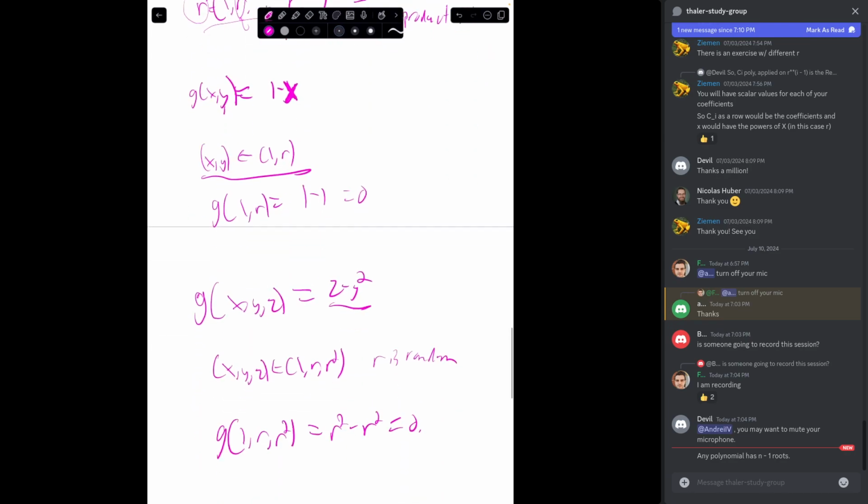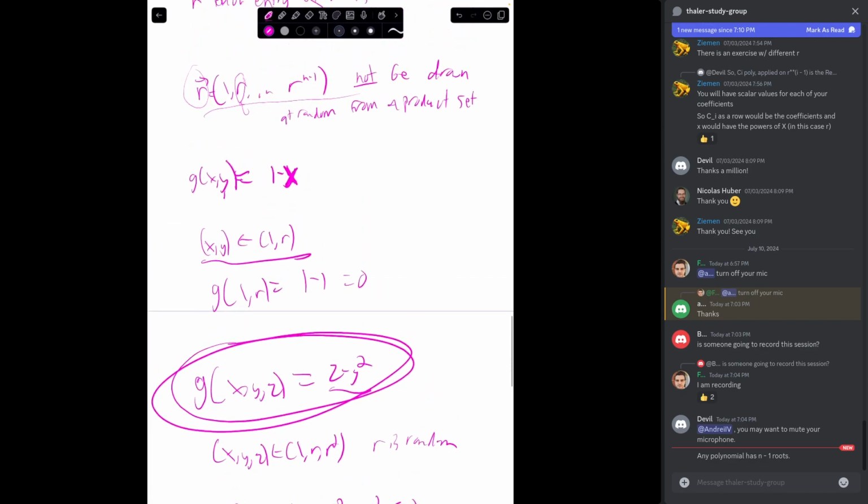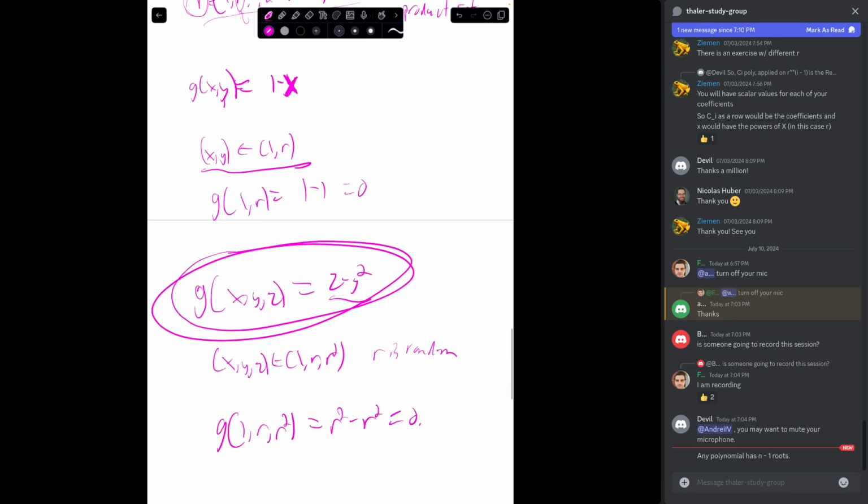And hopefully these examples capture why you just can't hope for something like Schwartz-Zippel to hold unless the input is chosen at random from a product set. Yes, and it seems to me now that roots of unity wouldn't do it either. So, is there an example of a product set affordable for this lecture?